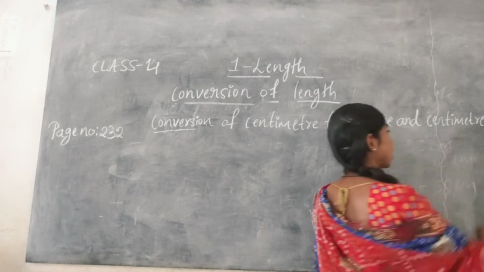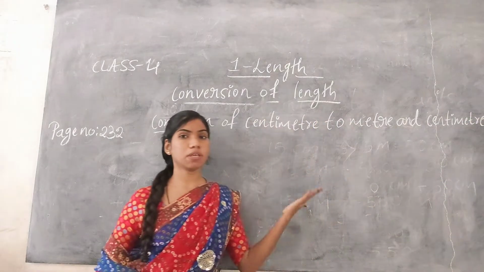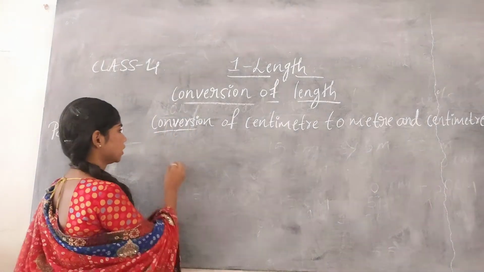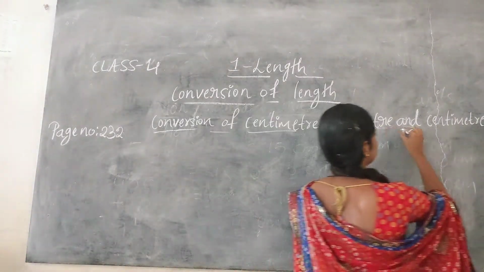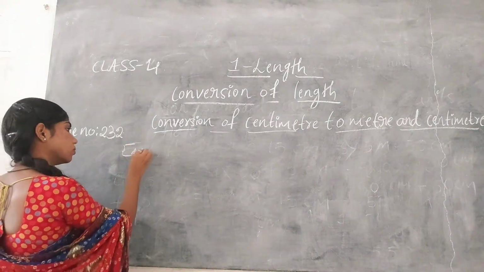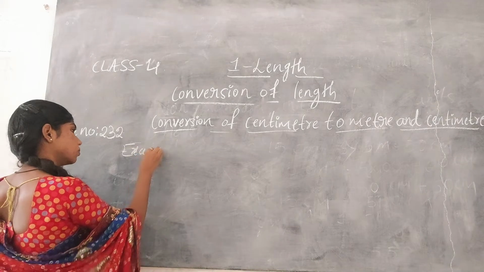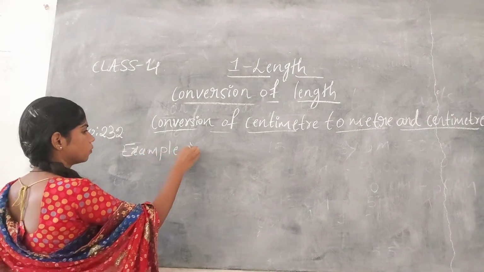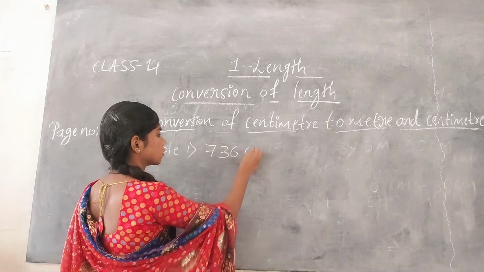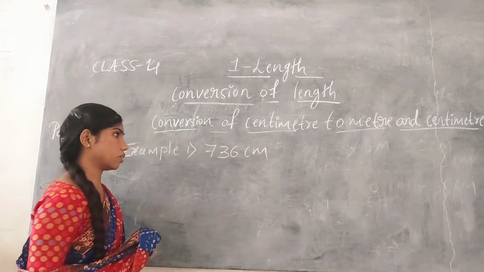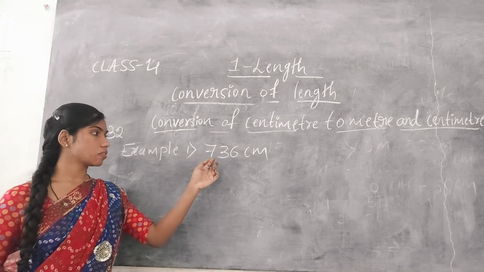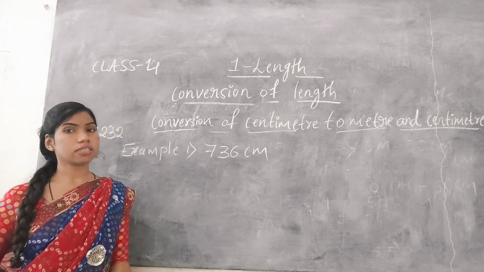So how can we convert the centimeter number to meter and centimeter? Take one example here. Example number 1, 736 centimeter.